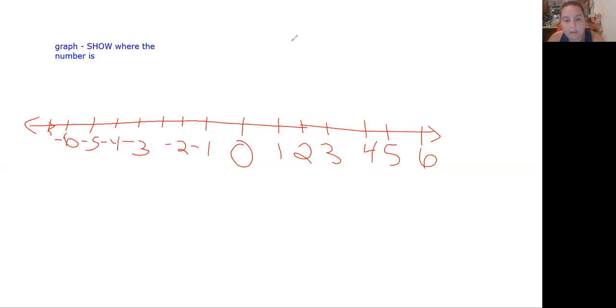Graph 1, I would start at 0, and then I would go to 1, and I draw a little circle right there. That's graphing 1. If I want to graph -2, I start at 0, and I find -2, and I go to my number line, and I graph -2, meaning I show where -2 is.